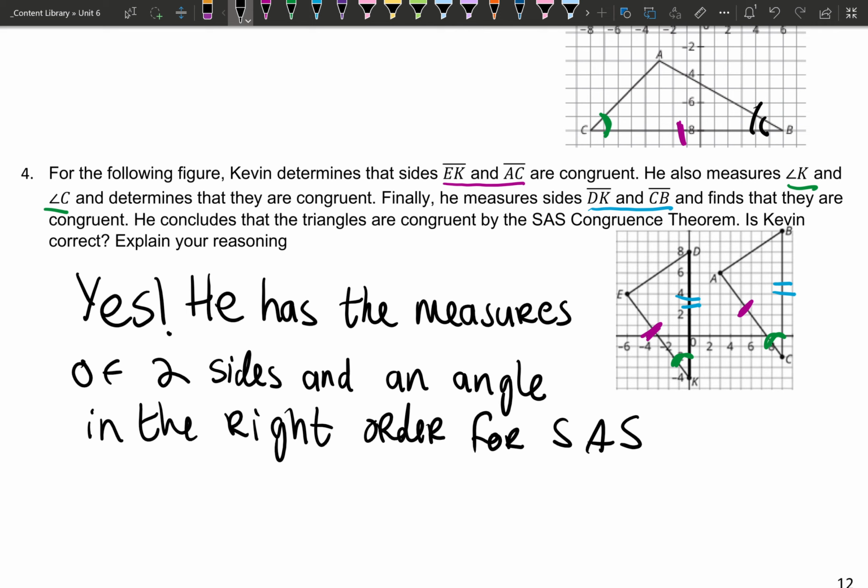So he doesn't just have two sides and an angle. He has them specifically in the way that we want to organize two triangles, or we want to prove two triangles congruent by side, angle, side.